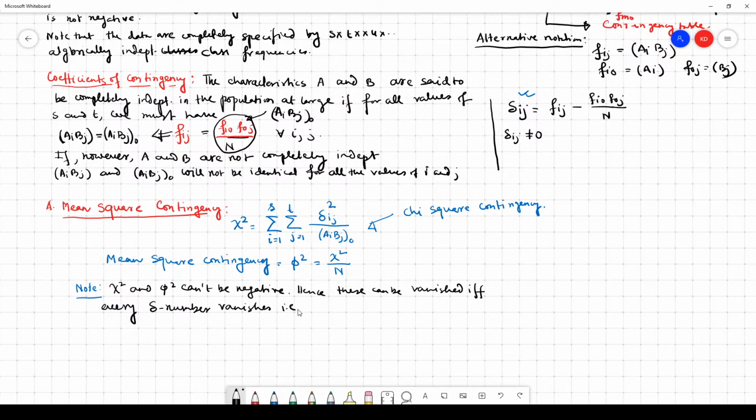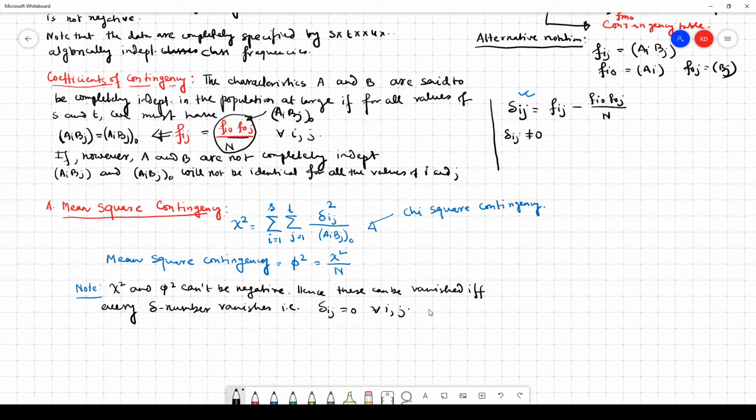That is, delta ij by Ai, since Ai Bj naught is greater than 0, so it should be delta ij equal to 0 for all ij.